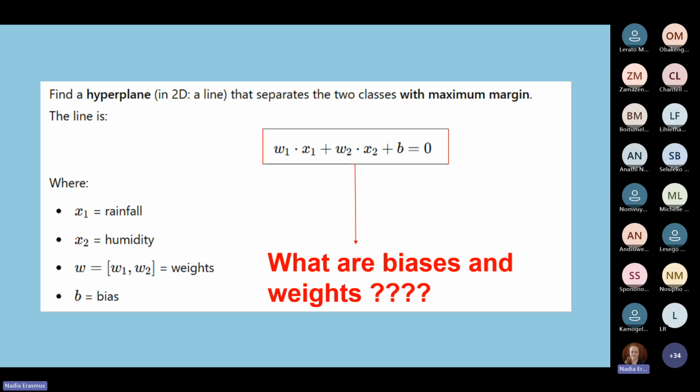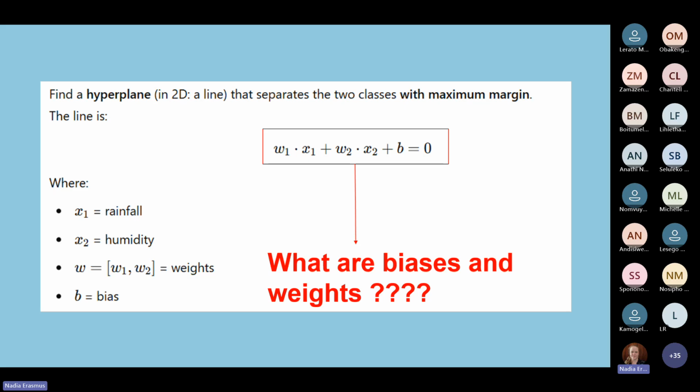So we're going to look at the weight times the x plus the weight of variable 2 times x. So we're going to have the weight of 1, the weight of the x1s. The x1s is all of the rainfalls in this case, and the x2s are the humidity.